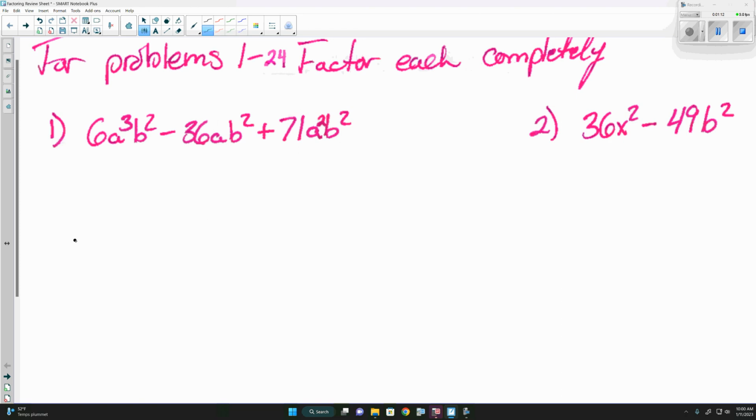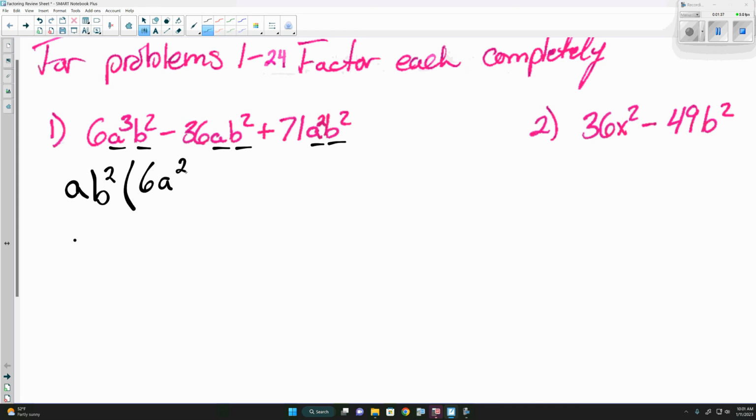But if we look at the variables, we have a cubed, a, and a squared, so we can factor out an a. And if we look at the b terms, b squared and b squared, so we can factor out b squared for sure. So we still have 6, and if we take 1a away from a cubed, we're left with a squared.